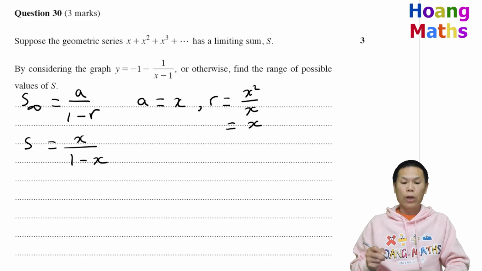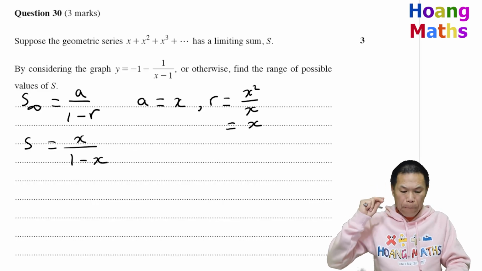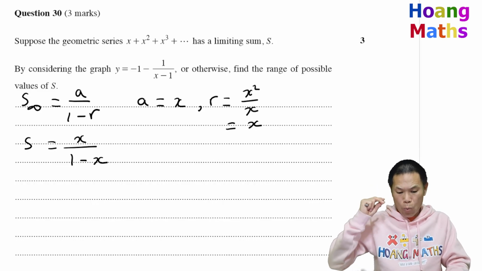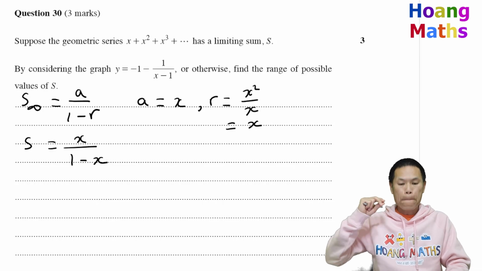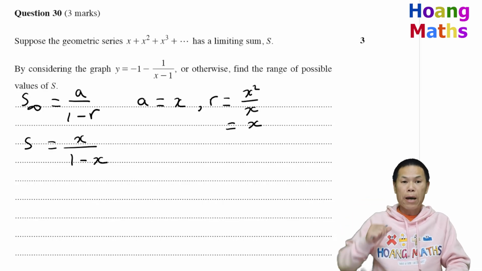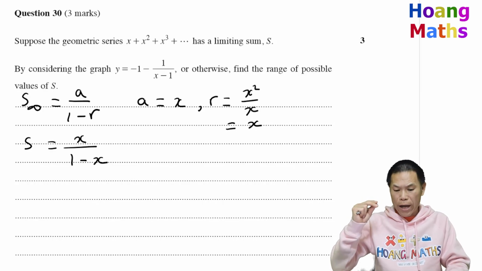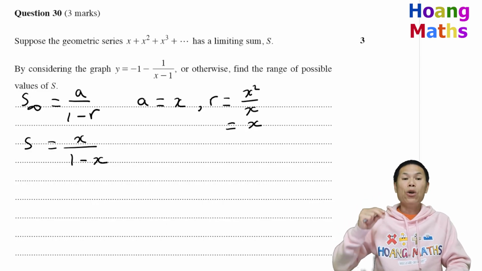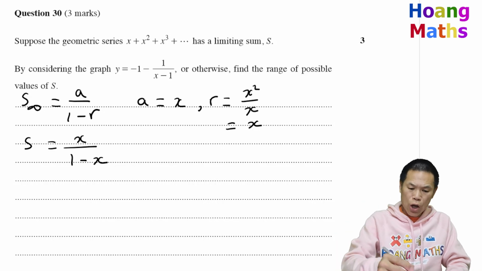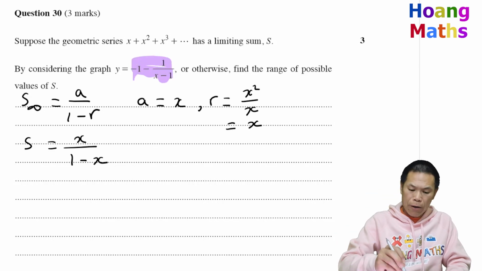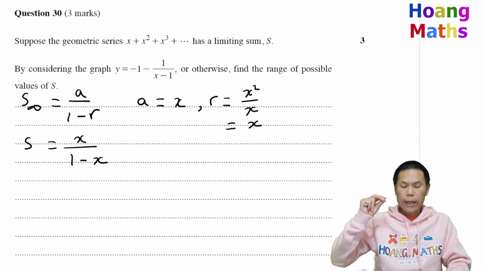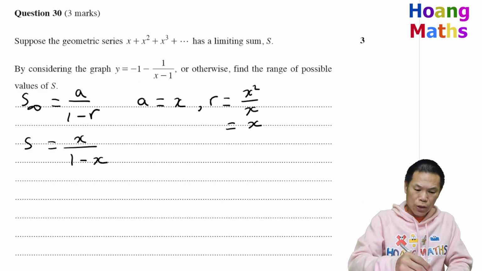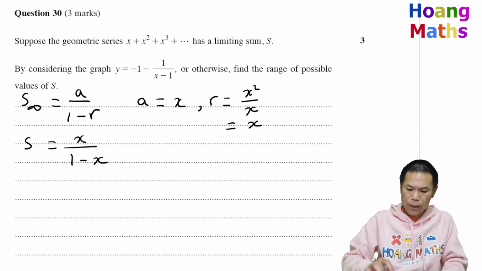So there you go. The question is, by considering the graph y is negative 1 minus 1 over x minus 1, or otherwise, find the range of possible values of S. In other words, we just need to find the range of y. Let me just make it into one fraction.